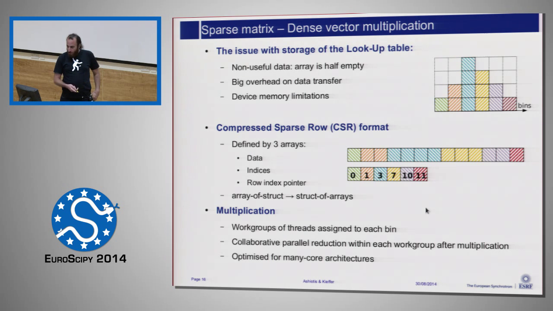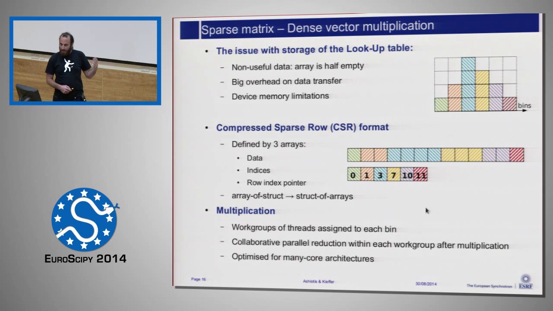When doing the lookup table, we have a lot of non-useful data, which is in principle zeros, which results in big overhead on data transfer, and can even result in code failure because of insufficient memory on the device. What we did was to introduce the CSR compressed sparse row format, where our data is kept in 3 arrays.